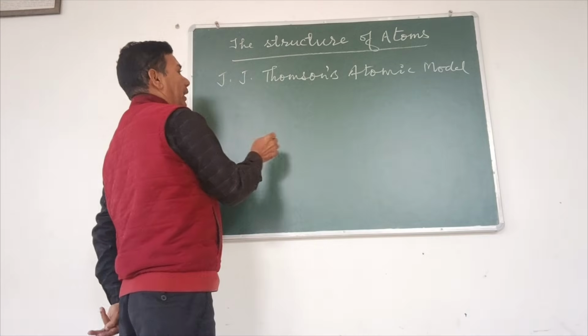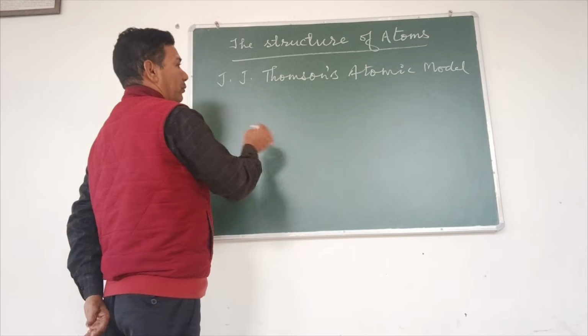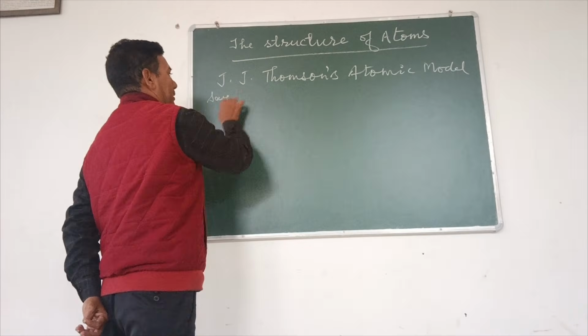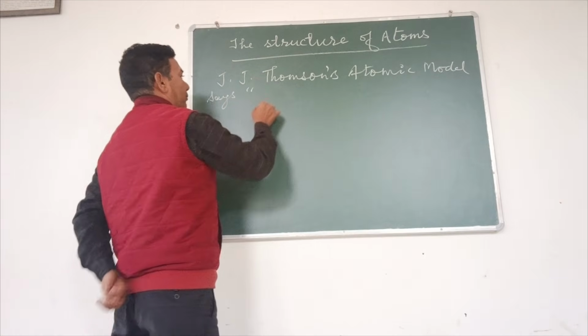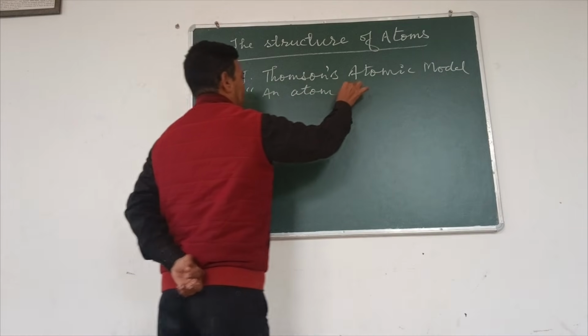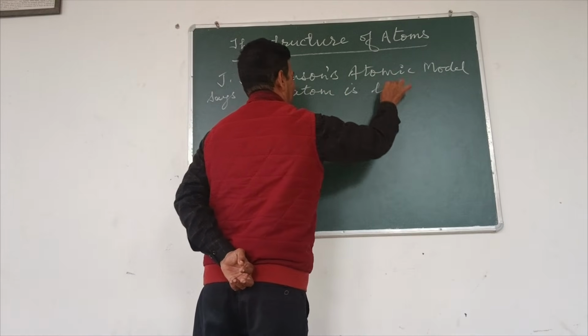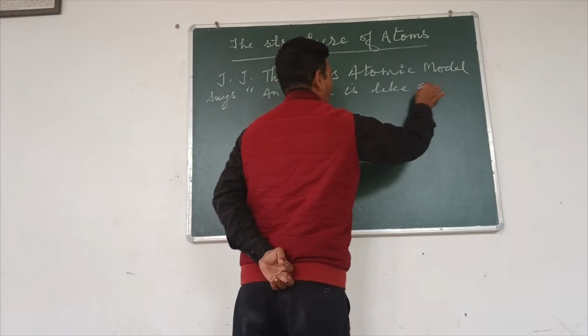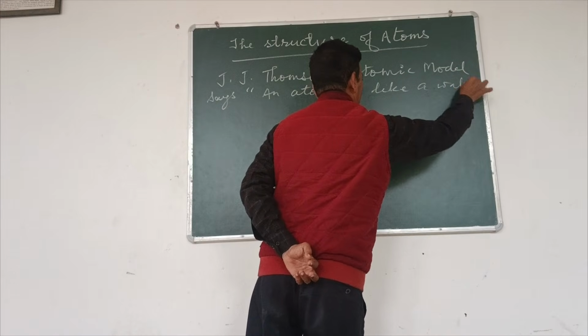So J. J. Thomson's atomic model says an atom is like a watermelon.